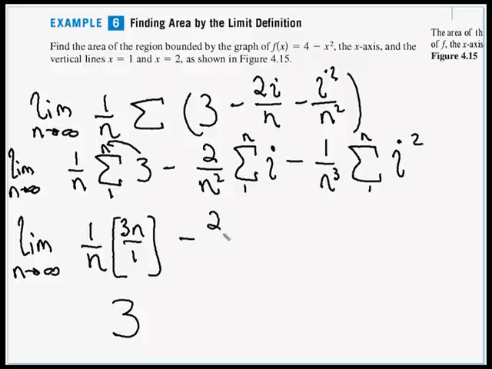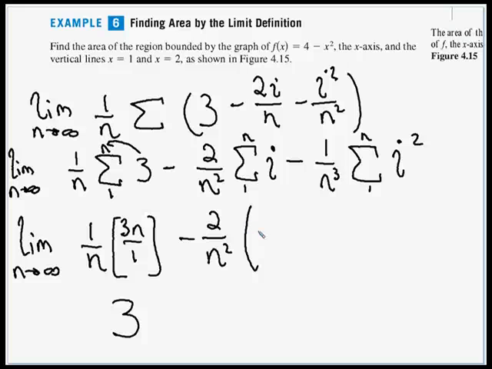Minus, we have 2 over n squared. And the summation for just plain old i is n times n plus 1 over 2.